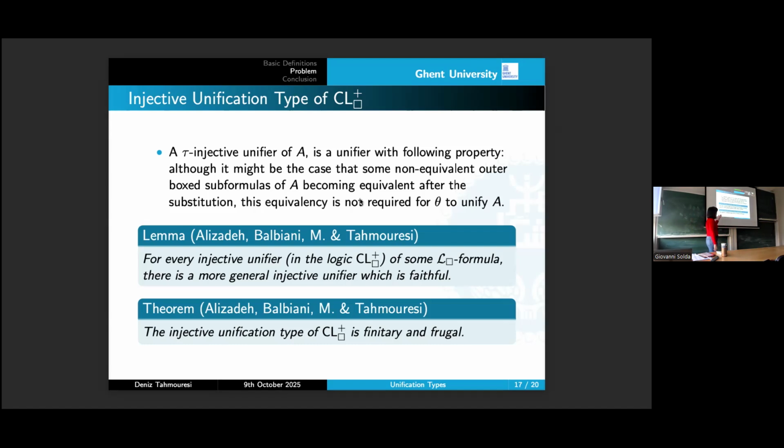And the injective unification type of CL box, this time the result is for the CL box plus, is finitary and fragile. That probably means the faithfulness in the meaning that I had in mind from the beginning: that it is not outside the formula, it's something inside the subformula, inside the formula itself.